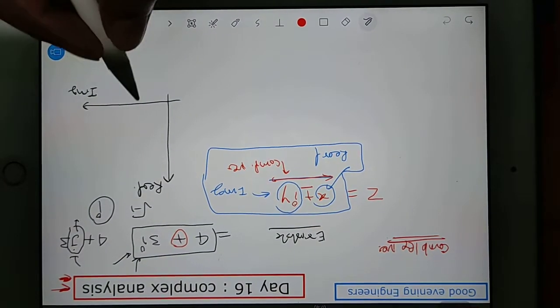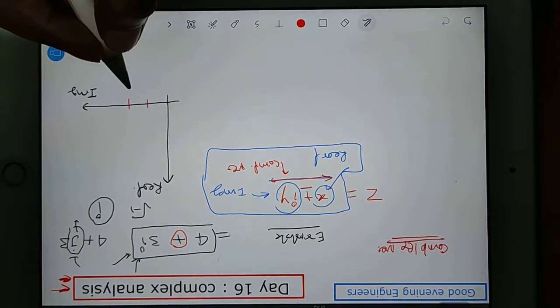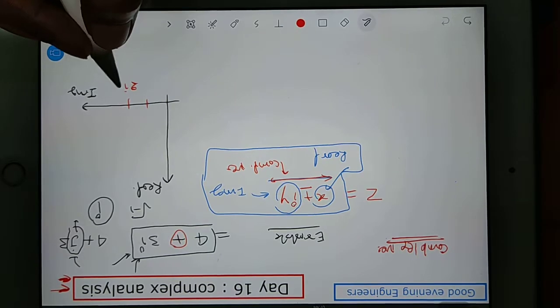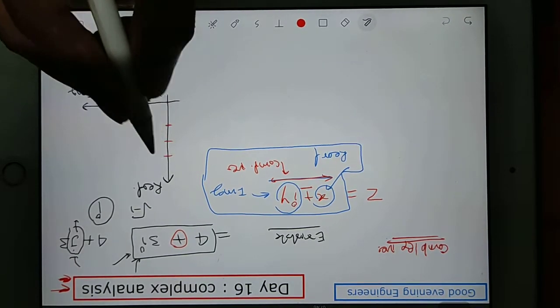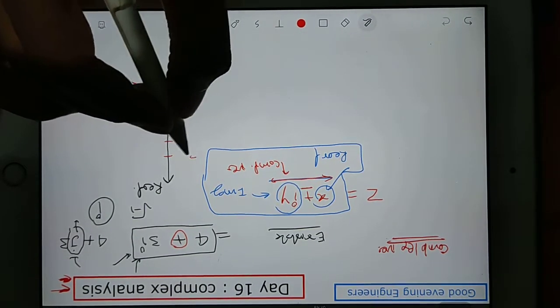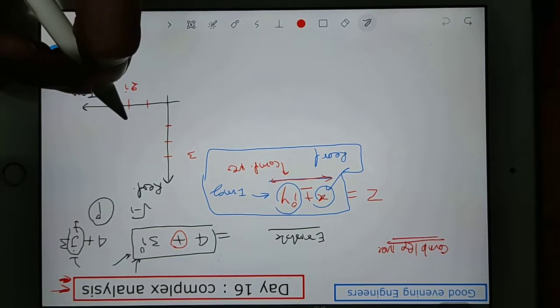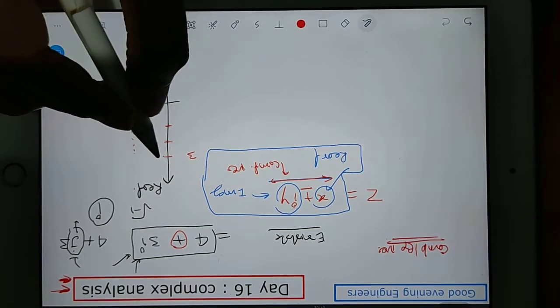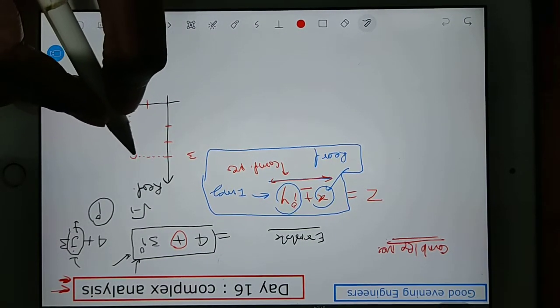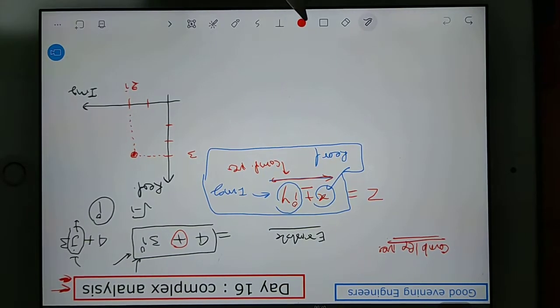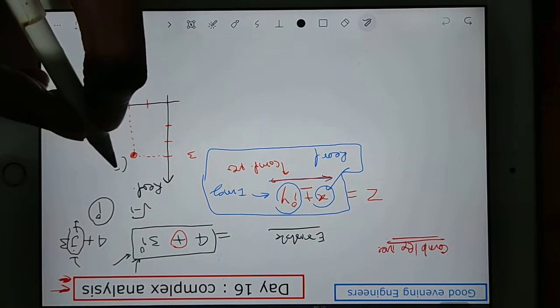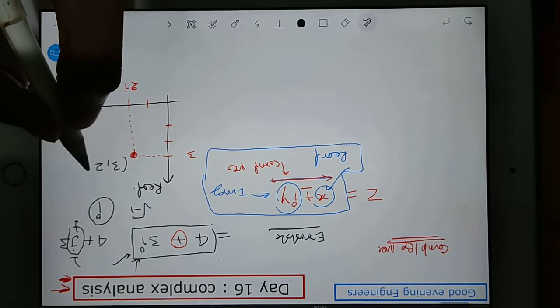So suppose you are here, it means you are 2i, and here this coordinate will be 3.